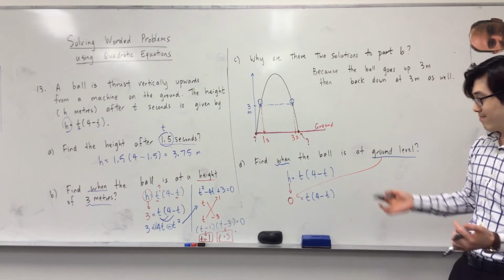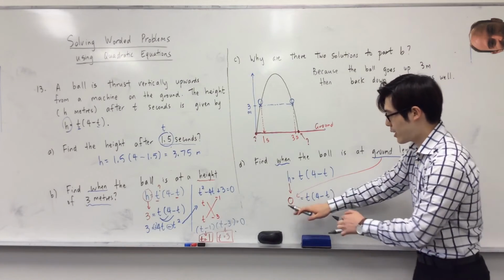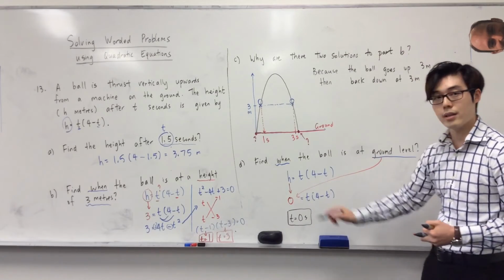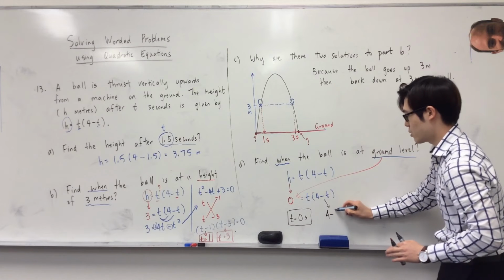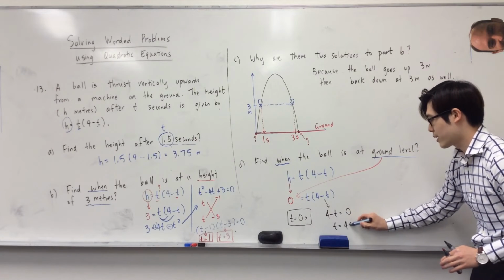Alright, let's solve it. This is actually very straightforward. If you've got the equation equal to 0 on the other side, like I said, you just need to look at it individually. So t equals to 0. For the second one, you take this out, let's solve for 4 minus t equals to 0. That means t just equals to 4 seconds.